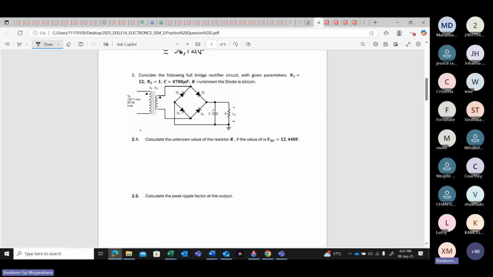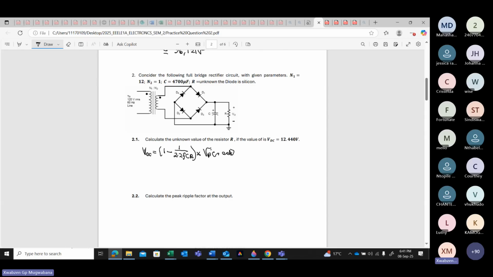If it says VDC, I know this equation: VDC is equal to 1 minus 1 divided by 2 times twice the frequency, the capacitance value, and the resistor, all of these multiplied by my V peak rectifier. That is the equation. Are we together?